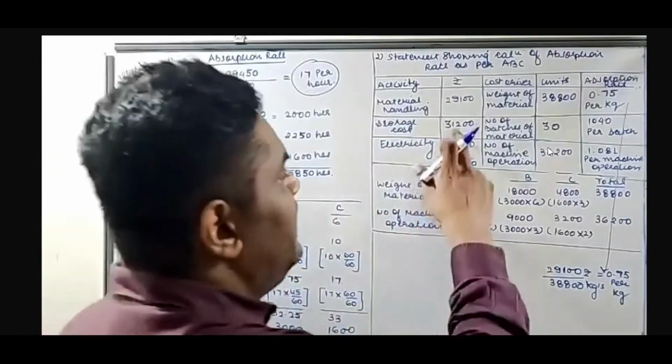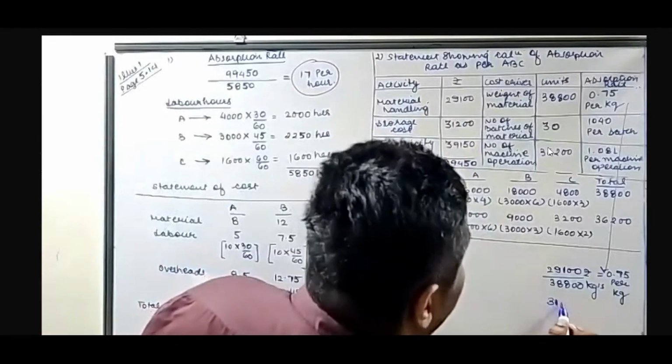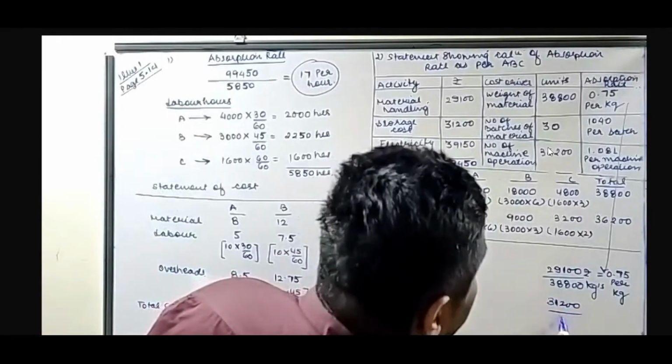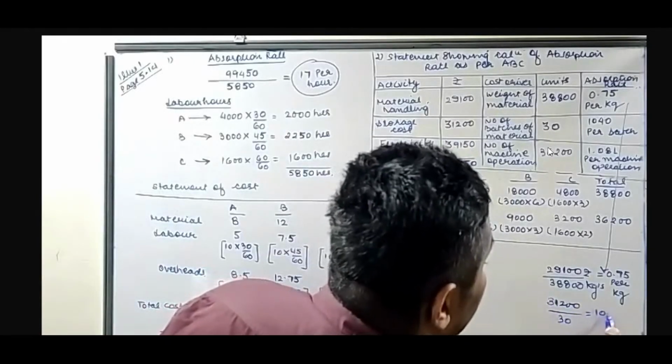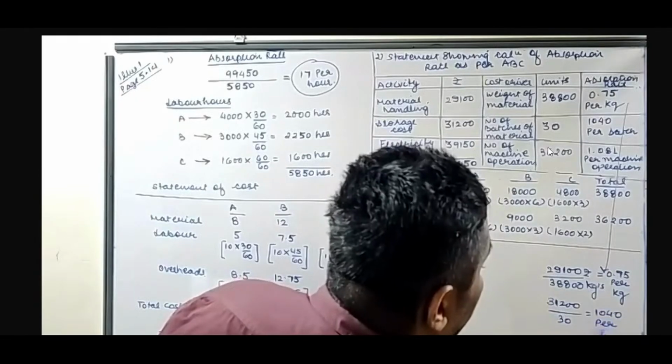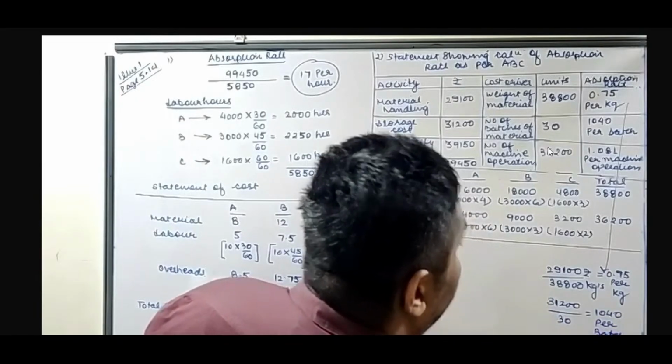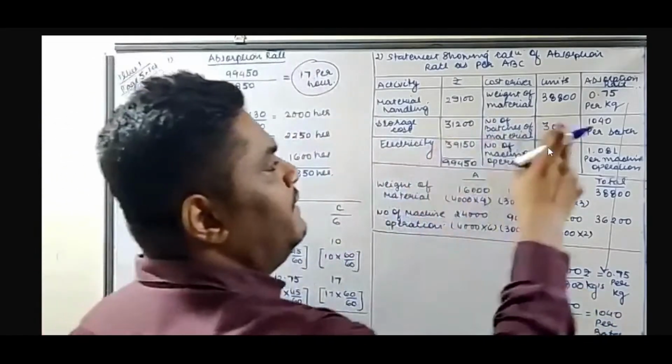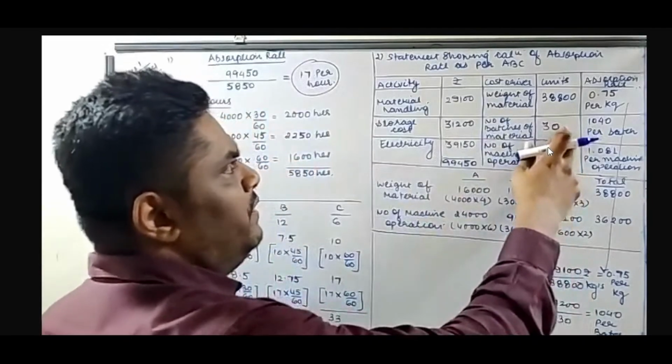Similarly, storage cost also, 31,200 divided by 30 batches, we'll get 1040 per batch. It's very simple. The total amount divided by my number of units.